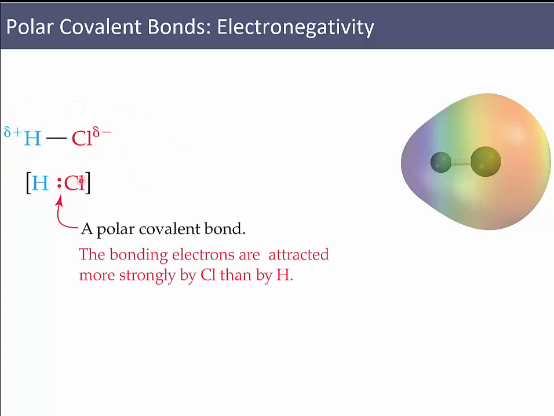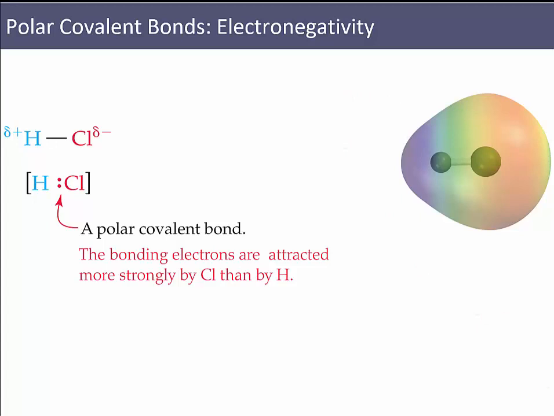And so the bond between the hydrogen and the chlorine is a little bit shared, but it's still uneven. This chlorine is going to take a lot more of the electron density. The electron's going to spend time hanging out over here and very little time over on the hydrogen. So our hydrogen has a partial positive, and our chlorine has a partial negative. This is going to form a polar bond.